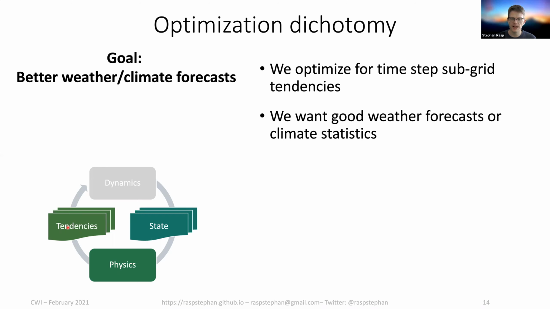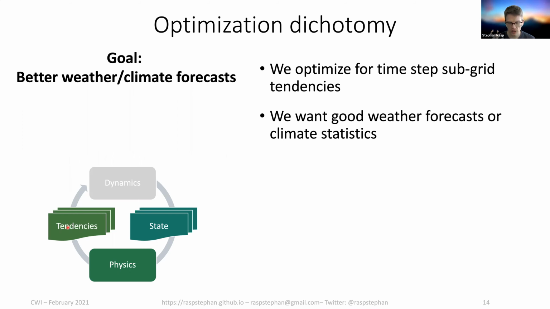So a better weather forecast would be a simulation that after a few days, for example, has a lower error. Or a better climate forecast is a forecast that's run over a long time, and the sort of mean statistics, the mean state, the variability, all of these statistics match observations better than a traditional model.